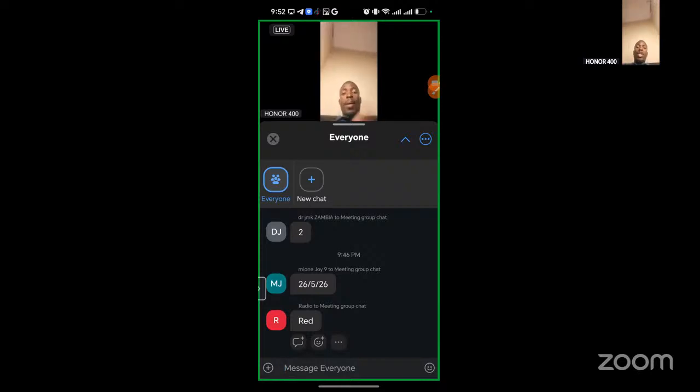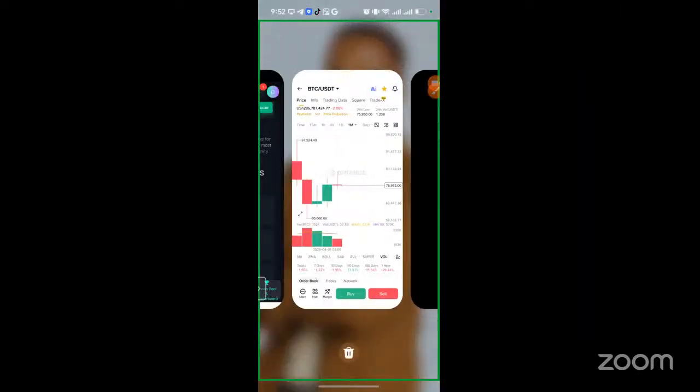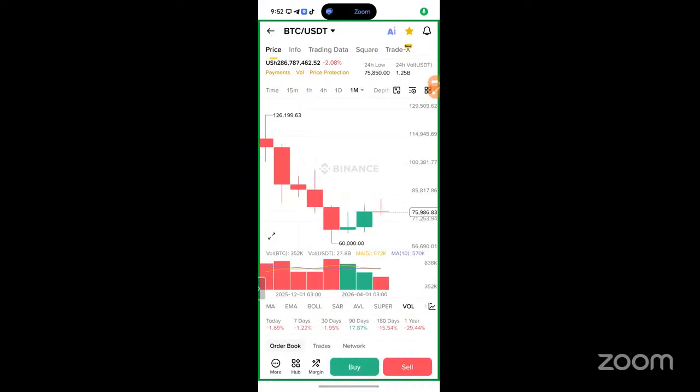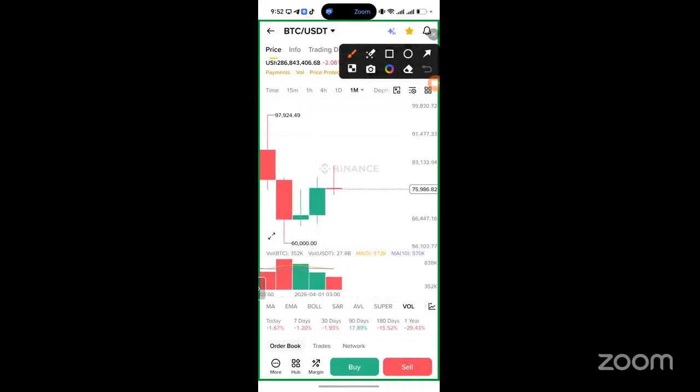But when you look at this, it is a clear indicator that the market opened, went up, and then came down. This is the interpretation of the market.